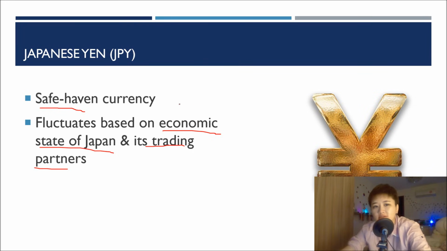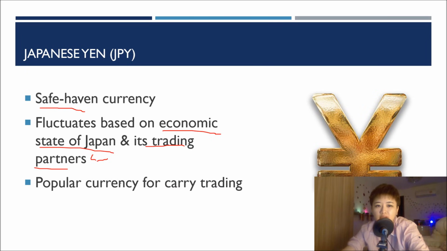The movement of yen is more influenced by the trading partners, for example, the United States and also China. And it is a popular currency for carry trading due to the low interest rates. So that's why some people will call the yen a low yield currency.